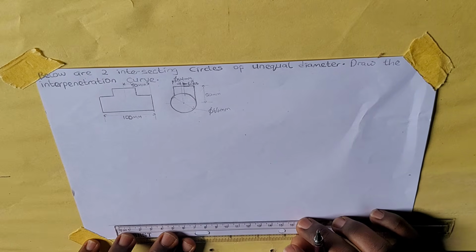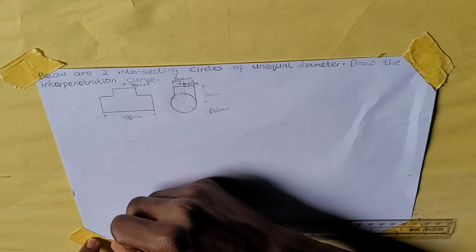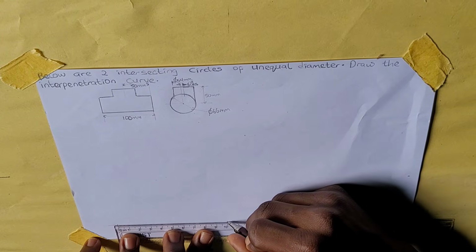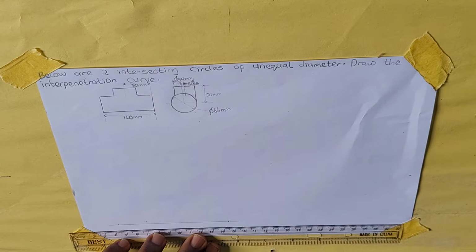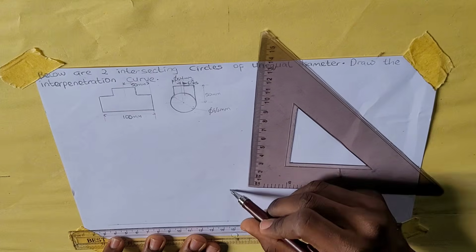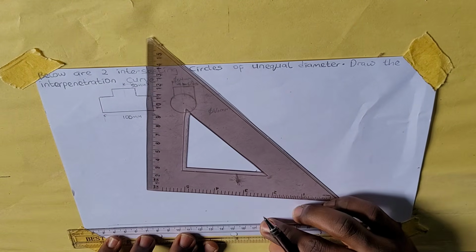Then on this line, I'm going to measure 100 millimeters. Then from these two points, I'm going to draw lines up, two lines like this upwards.